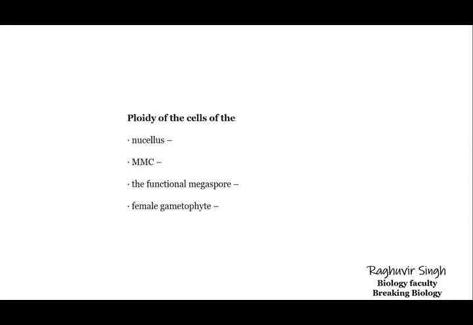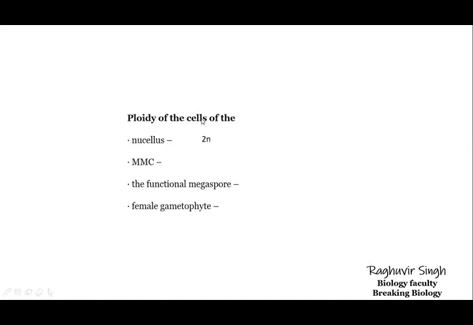Now if I ask you a simple question, what is the ploidy of these cells? I want you to pause here and try to answer for the 4 cells individually, and then resume the video to know the answer.